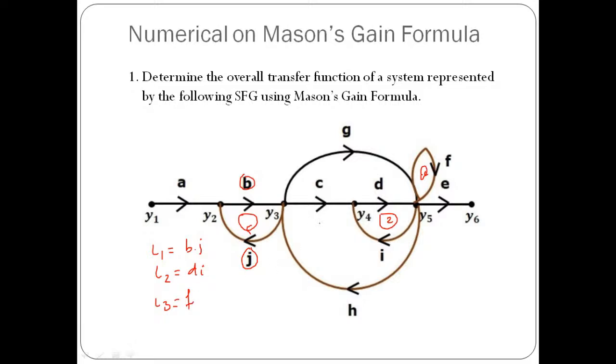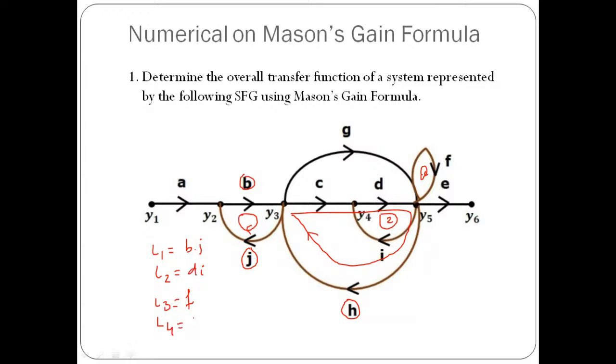Now here we have one more loop like this. If you start from y3, then move to y4, then reach y5, and then come back to y3 through this particular branch of gain H, this will be your loop number 4.